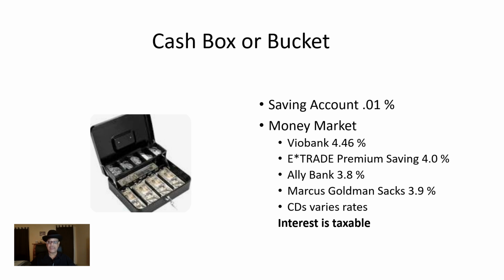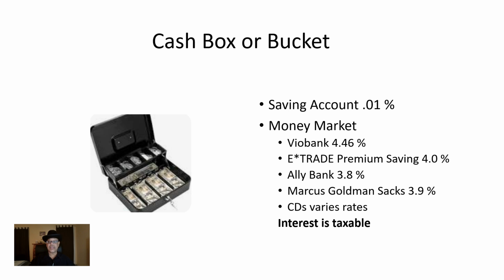So I have VO Bank at 4.46. You've got E-Trade Premium Savings at 4.0. You've got Ally Bank at 3.8. Marcus, with his Goldman Sachs, at 3.9. And your CDs are at various rates, and you can get them just about all over the place.